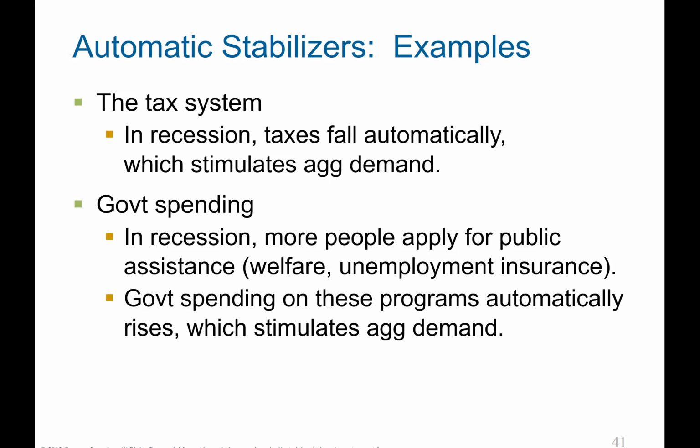These are transfer payments. But when we have times of recession, more money is going to go to the people that require it, whereas in better times, there's going to be less of it. So again, these are automatic programs built in to the law that automatically offset fluctuations in the economy.